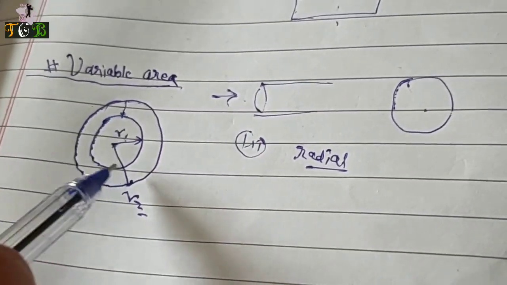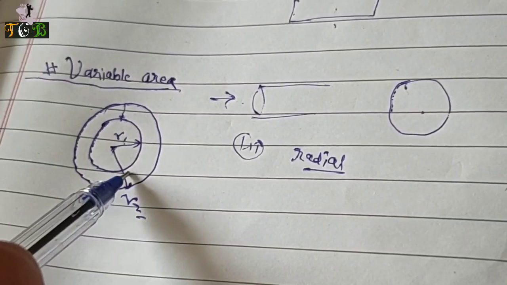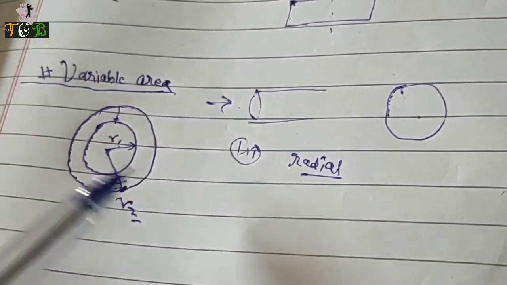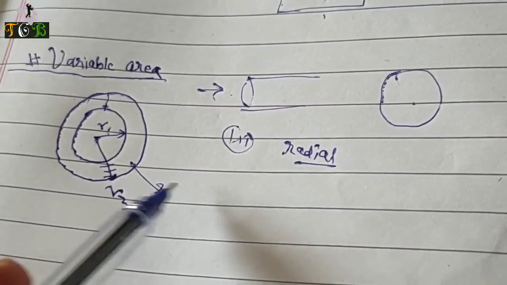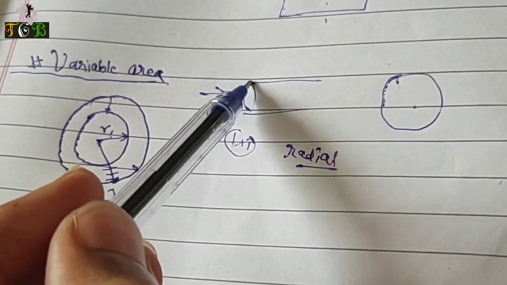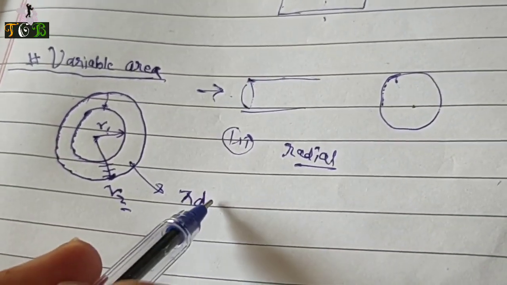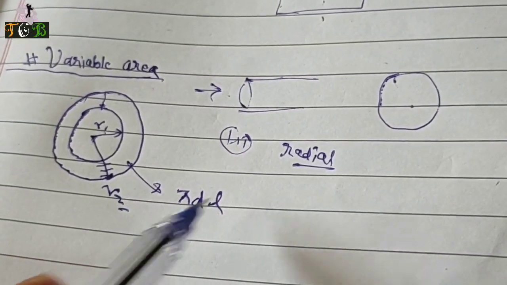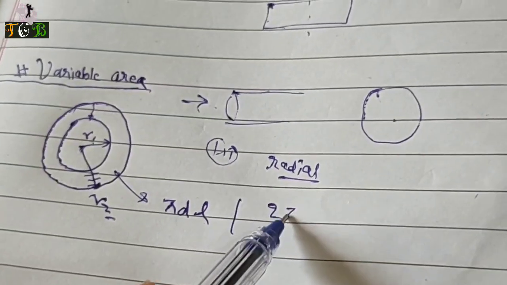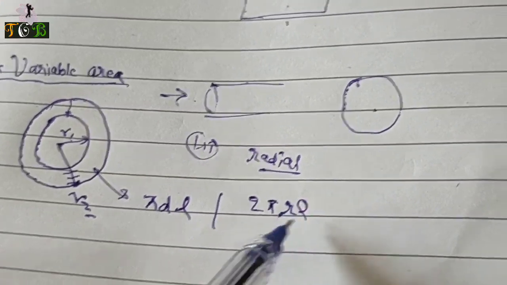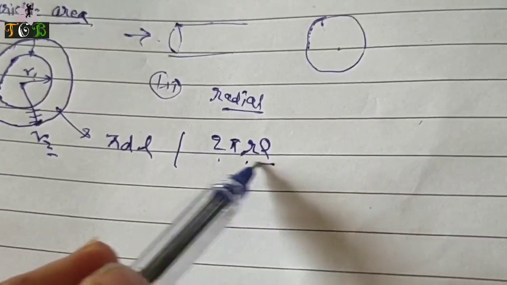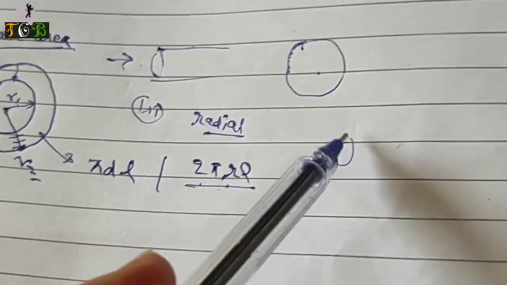And so over here, the area will be changing. If we talk about the area, it's going to be pi dl, okay? Or you can also write it as 2 pi rl, okay? So this is the area of a cylindrical surface.